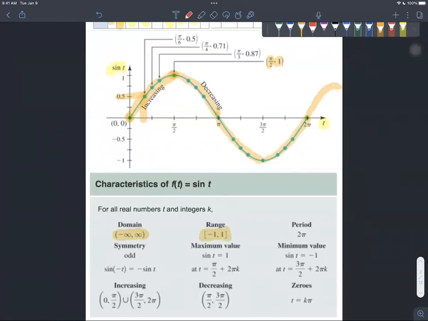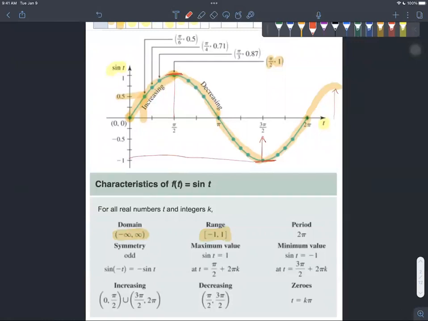We can see we said that the maximum value was +1. It occurred at pi/2. The minimum value is actually -1, if you take a look at that. And it occurs at 3 pi/2. And again, these will occur at other locations, but this is mostly for the first period that I'm talking about, this period that we're looking at.